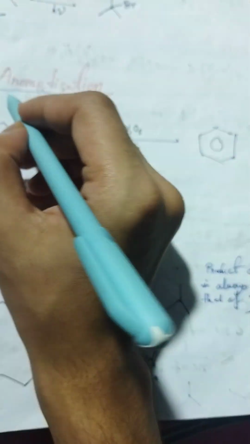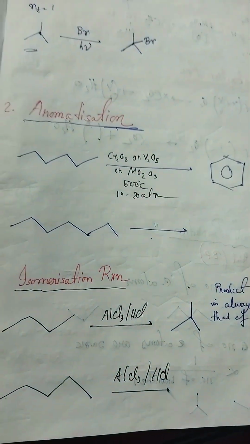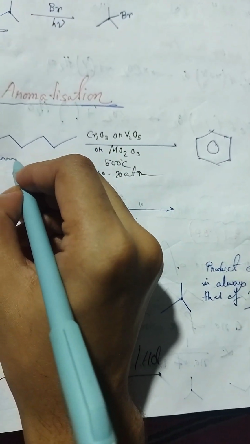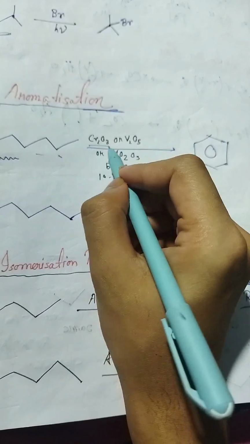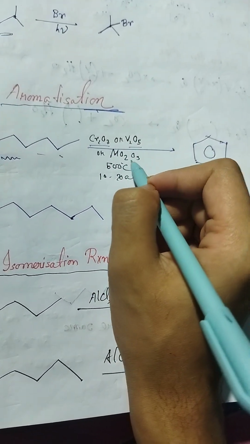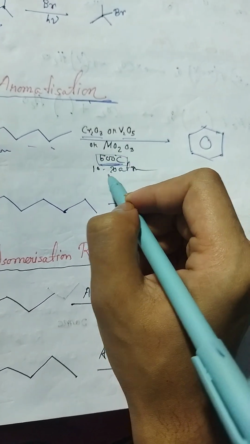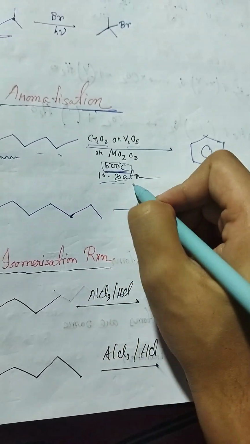Now talk about aromatization. What is aromatization? Minimum needed carbon is 6 and react with Cr2O3, V2O5, Mo2O3 and needed high temperature and 10 to 20 atmosphere.